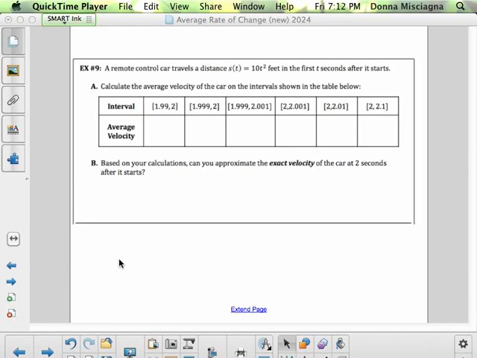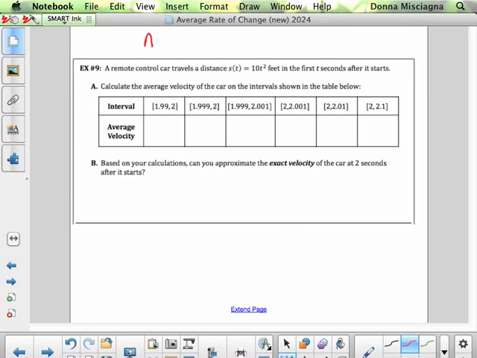When we're calculating, go ahead and write this: average rate of change is going to be S of T1 minus S of T2, divided by T1 minus T2.